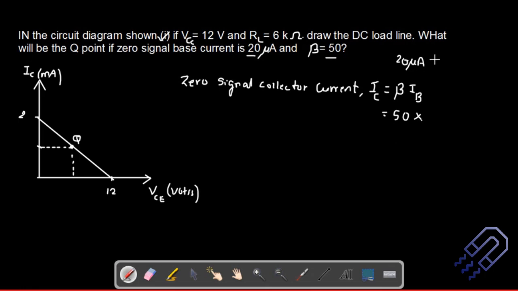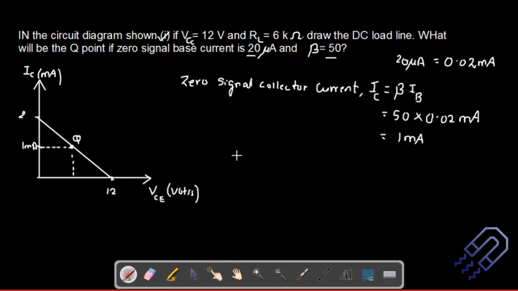If you write it down in milliamps, you have to just divide it by 10 to the power 3, so it is 0.02 milliamp. Better to write it in milliamps because we are doing it in milliamps on the y-axis. So what you get if you do this is 1 milliamp. So what we have here is 1 milliamp.